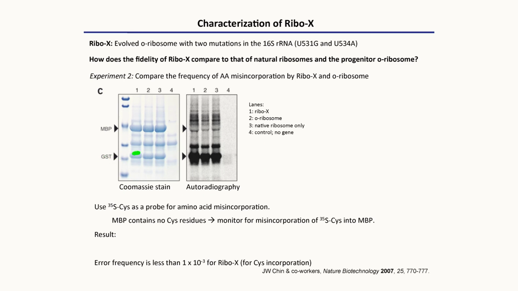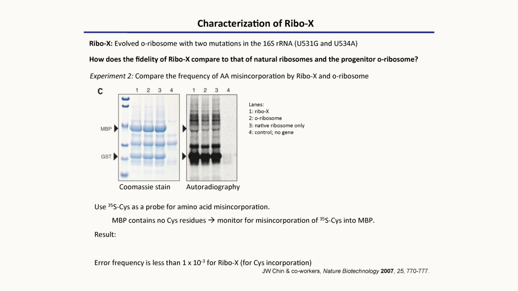GST is running down here. And we have 4 different conditions. What do we see? We have in lane 1, Ribo-X is what's used. In lane 2, we have a system where it's the initial orthogonal ribosome that was not evolved, right? So that's our point of comparison. In lane 3, we have the native ribosome only, and in lane 4, a control for no gene.